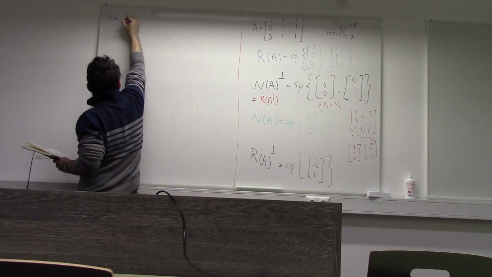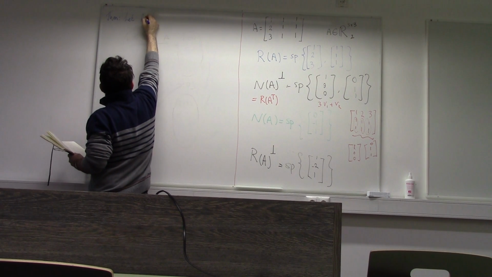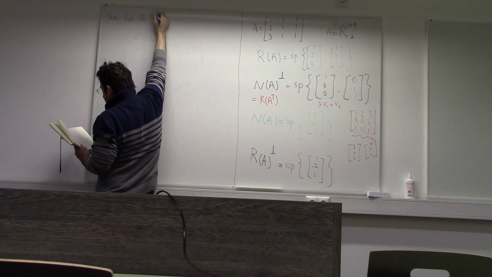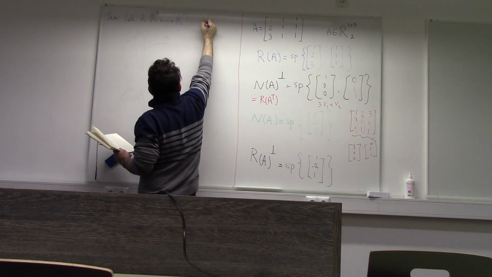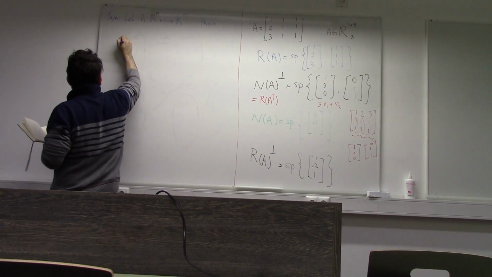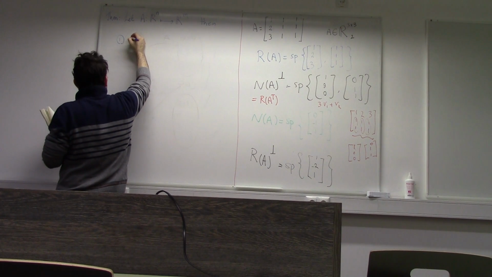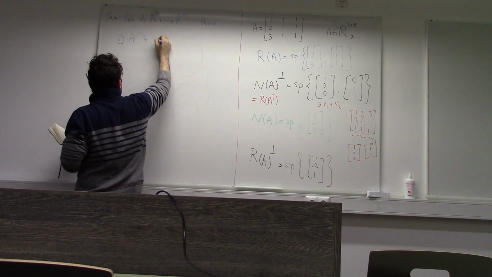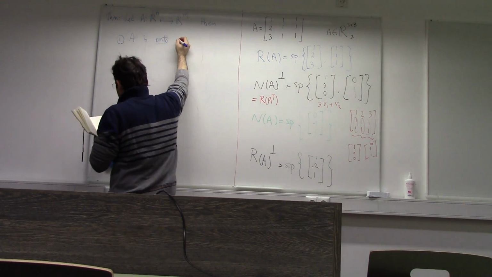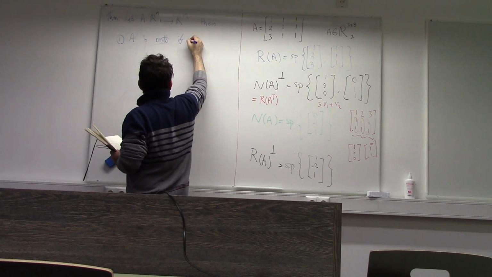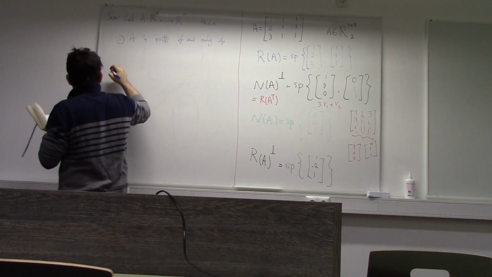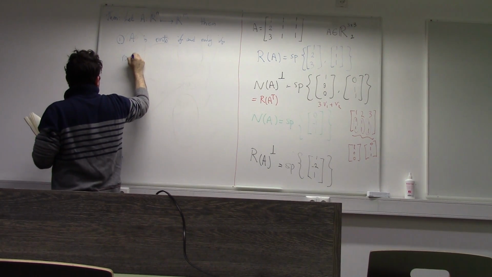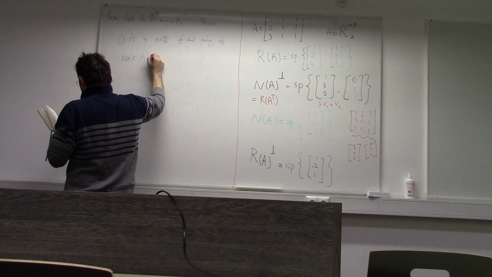It says: let A be from R^n to R^m. Then A is onto if and only if rank A is equal to m.